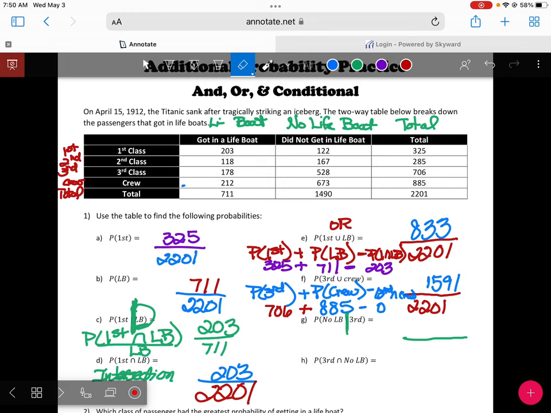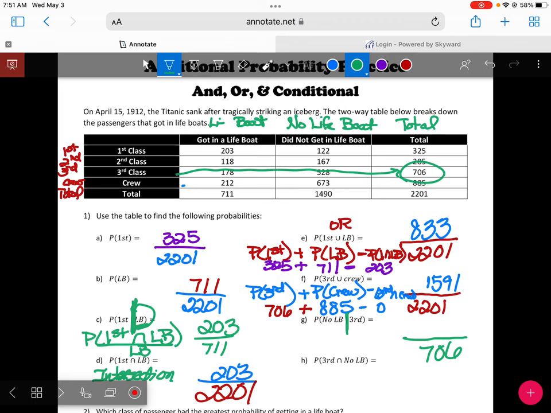You are correct, Micah. I know you were absent, and I appreciate that you're trying. But given that they're a third class passenger, that means I go to this total, and that is my denominator, because they have to be a third class passenger. It's kind of like you see that vertical line, and whatever is behind the vertical line is going to be on the bottom of your probability.